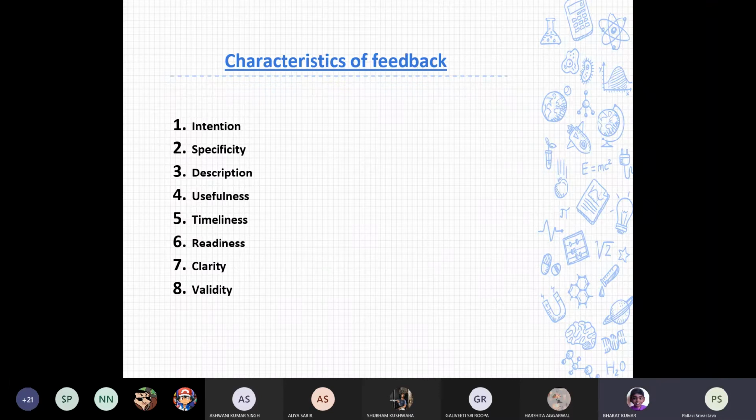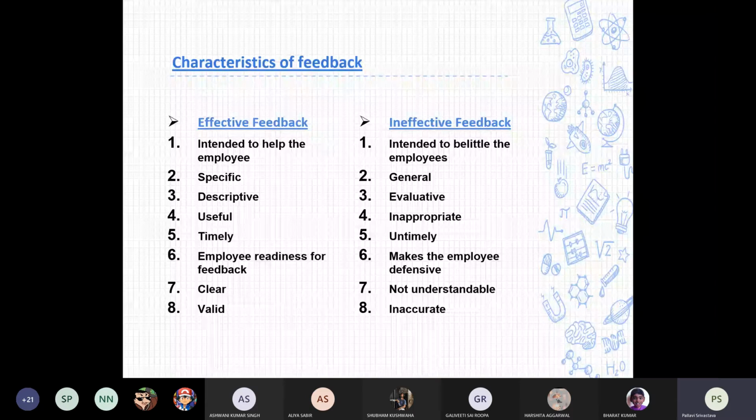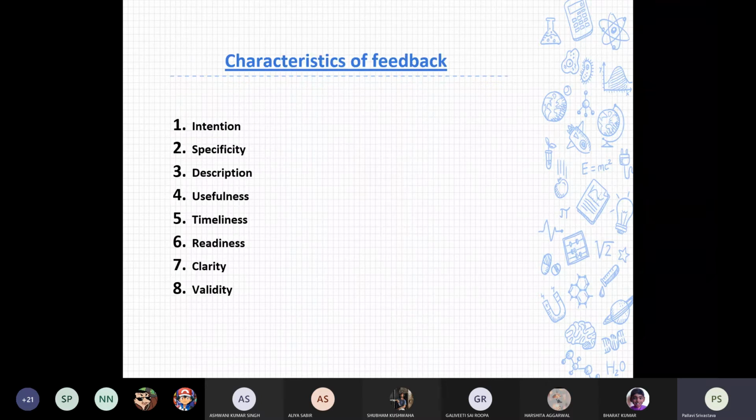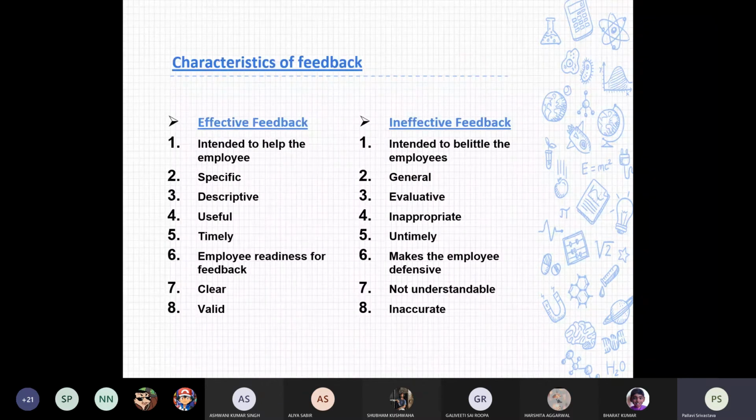Okay, so these characteristics which we are going to discuss, we have two slides. I'm not going to discuss the second one in detail, because the first part is effective feedback, which is what we have included here. But sometimes in exams, they ask you to give effective and ineffective feedback, which is why I have included two slides.